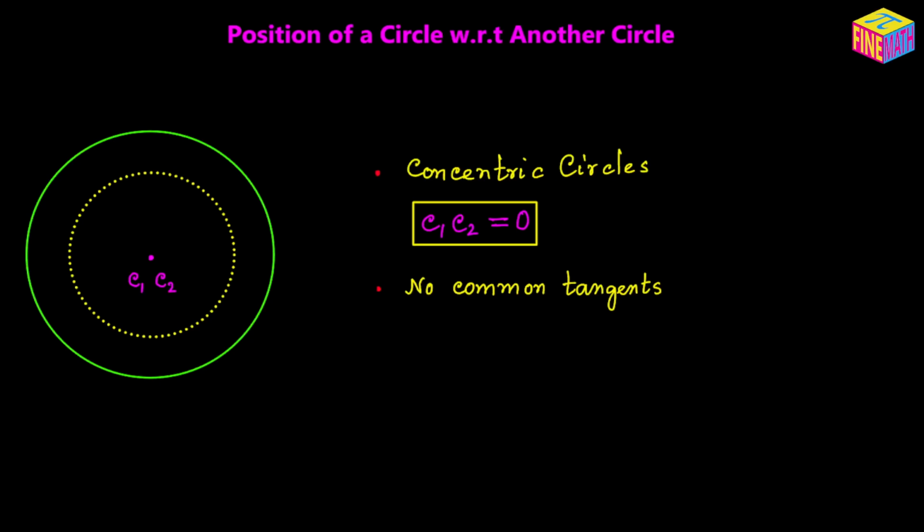So as you saw, if you are given the equations of two circles, the first thing you should do is find the distance between their centers and their radii, and then based on the relationship between the distance of the centers and their radii, you can make a very good guess as to how the circles are positioned relative to each other, whether the circles are far apart, whether the circles are touching each other externally, whether the circles are intersecting each other, whether the circles are touching each other internally, whether the circles don't touch, don't cut, but one circle is inside the other one but not concentric yet, or whether the circles are concentric circles.